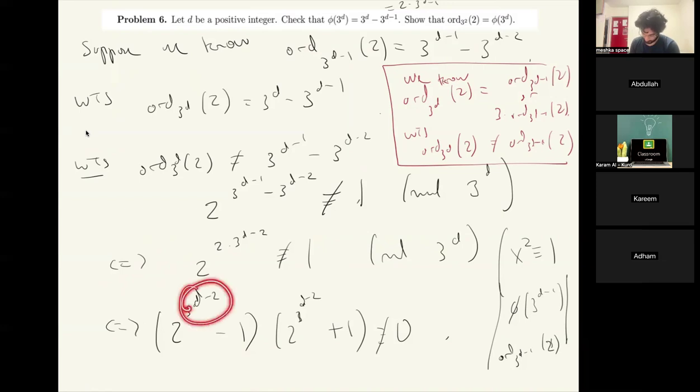Okay, this isn't exactly the order. The order is this, right? But the inductive hypothesis tells us that 2 to the 2 times 3 to the d minus 2 is congruent to 1 mod 3 to the d minus 1. It won't help us understand that it's not directly this, right? The inductive hypothesis is giving us something kind of different.